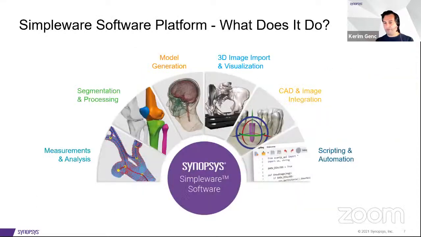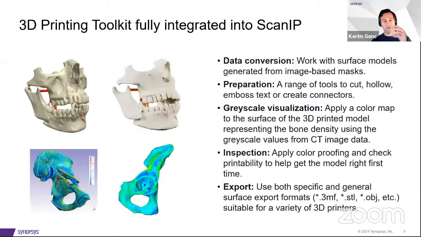So getting into the platform here, Simpleware, we offer the typical platform. I won't belabor this point of importing image data, doing your segmentation, generating your models, measurement, scripting, all of that here. And then in addition, this 3D printing toolkit, which was recently added. So again, working with surface models, a range of tools for prep, support structures.